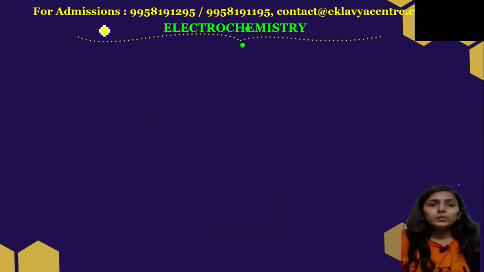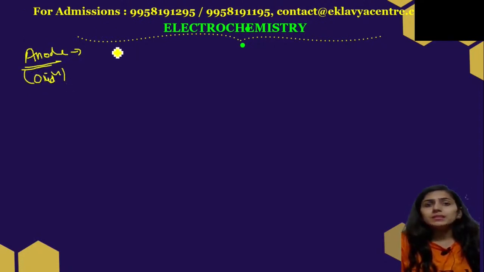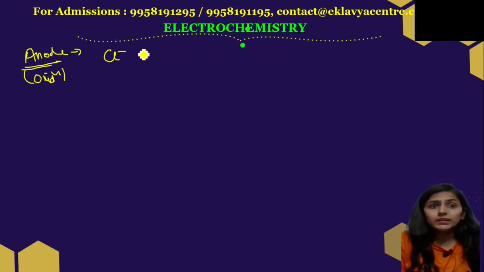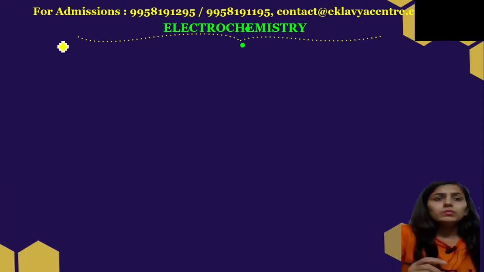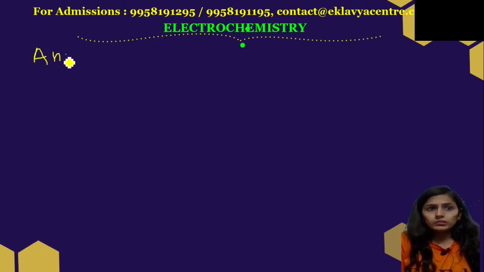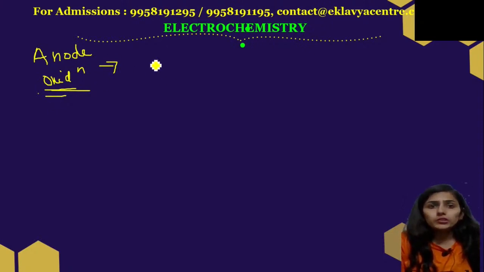Now, at the anode, oxidation takes place, and we know that the anode is positively charged. So we have chloride ion or OH minus, that is hydroxide ion, right? We know that there is a competition at the anode between chloride ion and hydroxide ion.